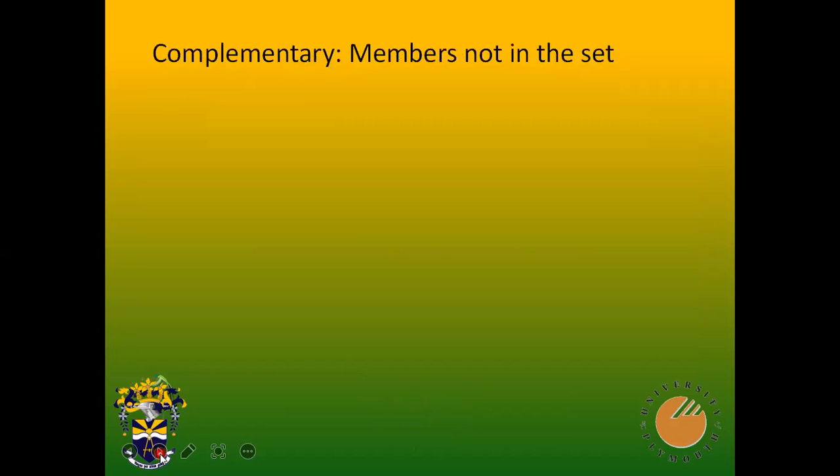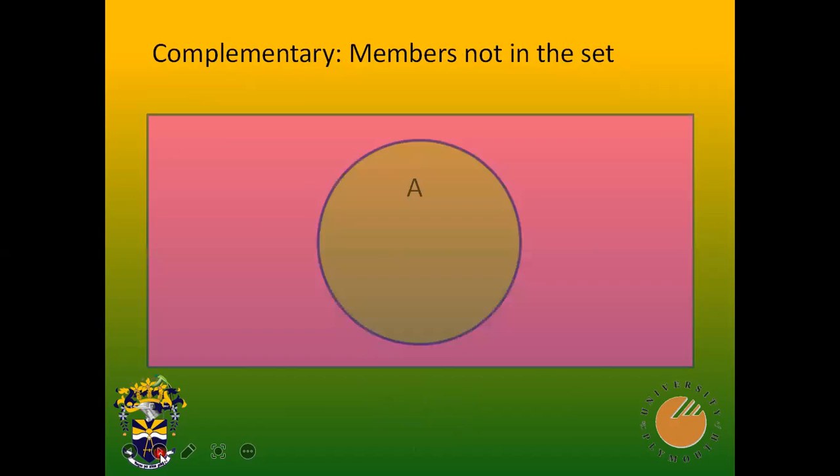The complement, members not in the set, we have defined earlier. Now by using a Venn diagram we can define the universal set: the whole rectangle of pink and green color. The complement of a set will be the pink color.